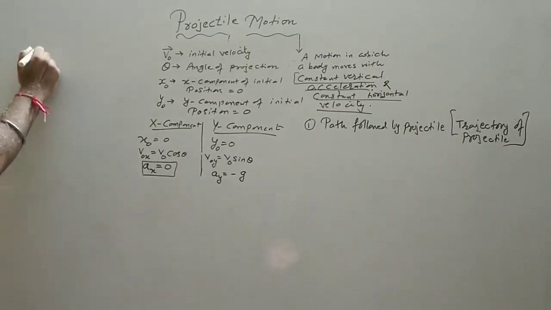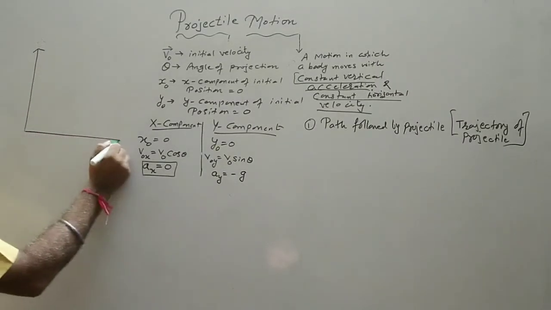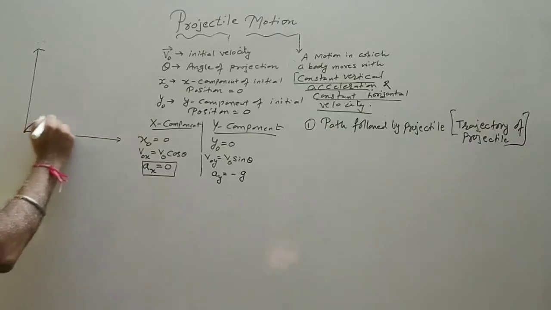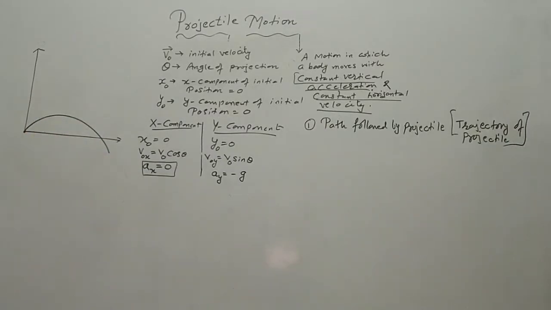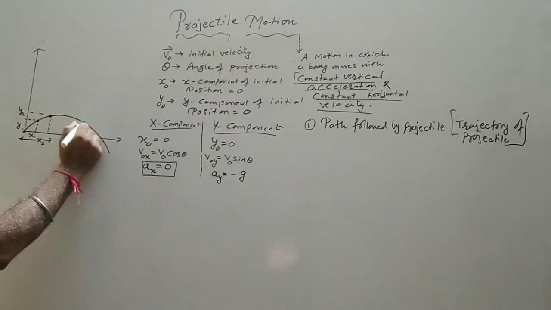But you see this, as the body follows a projectile path or a parabolic path, at this instant, this is its x position or x coordinate, this is its y coordinate. At this point, when the projectile reaches this point, this is its x component, say this is x1, this is x2, this is y1, this is y2. So at any instant, let us consider this instant.